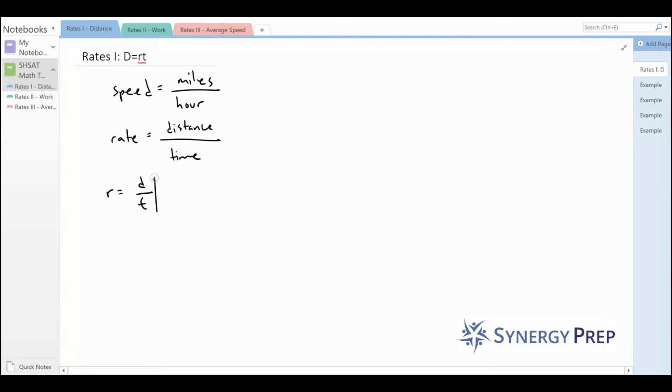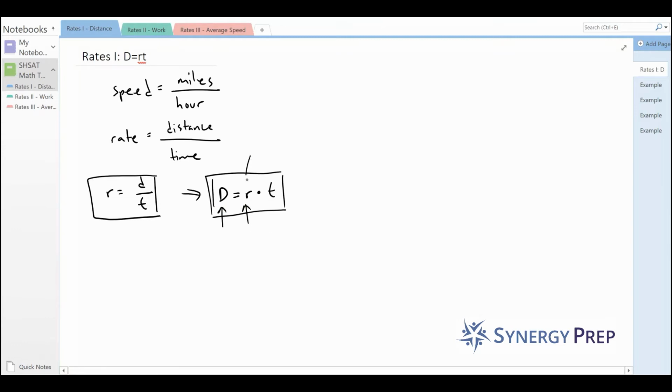Now, you can also take this equation, multiply both sides by T, and you get D is equal to R times T. With this information provided, if you have distance and rate, you can find time.